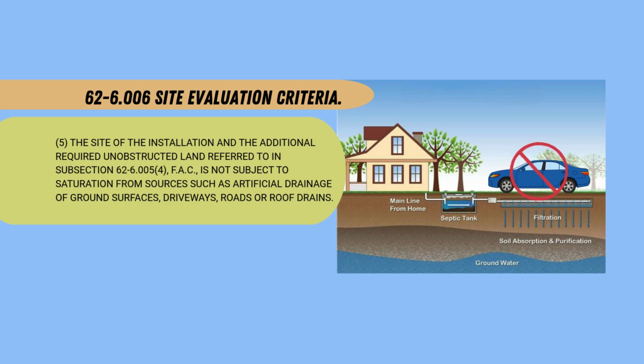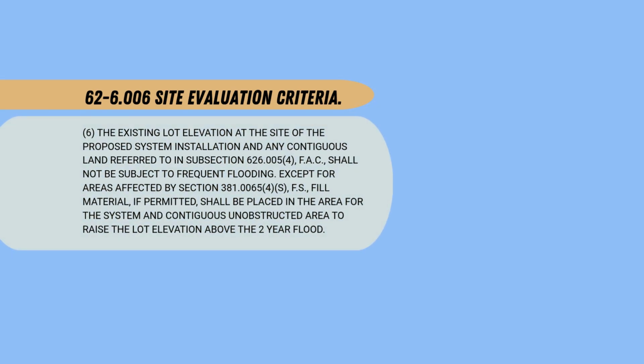The existing lot elevation at the site of the proposed system installation and any contiguous land referred to in subsection 62-6.005, 4 FAC, shall not be subject to frequent flooding. Except for areas affected by section 381.0065, 4 SFS, fill material, if permitted, shall be placed in the area for the system and contiguous unobstructed area to raise the lot elevation above the 2-year flood.